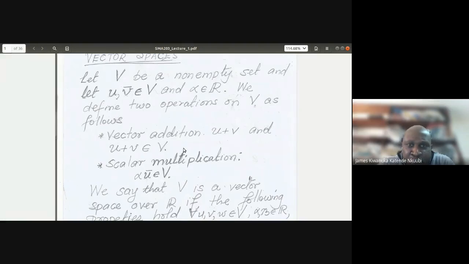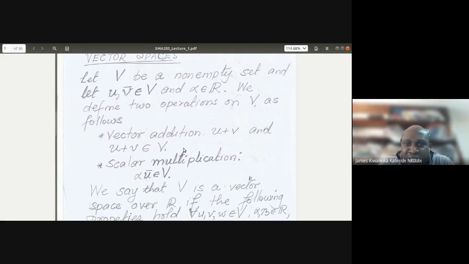I forgot to put one on U, but it should be bar U and bar V. So bar U and bar V are elements of V, and alpha is a real number. We define two operations on V as follows. We define vector addition, and we also define scalar multiplication.